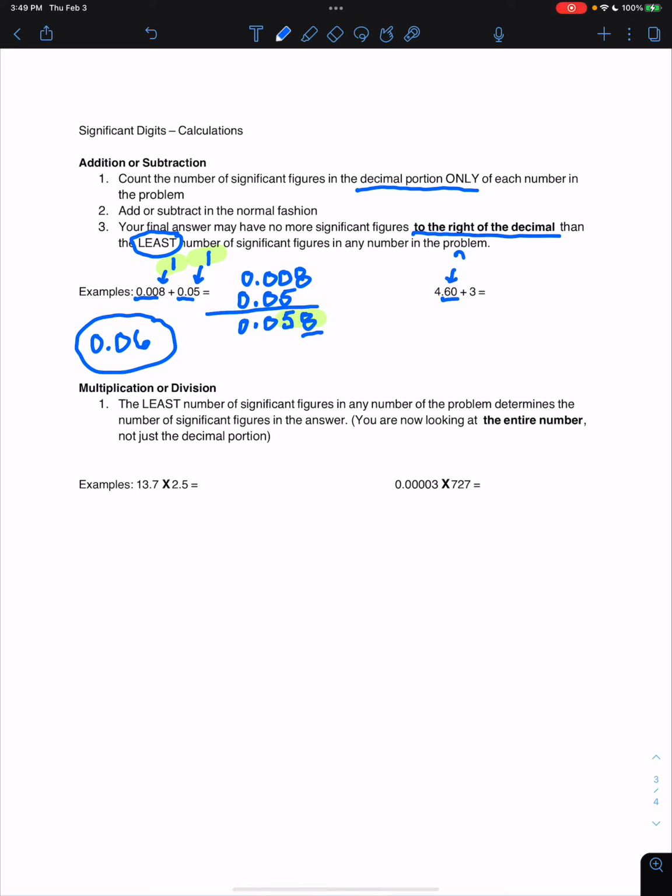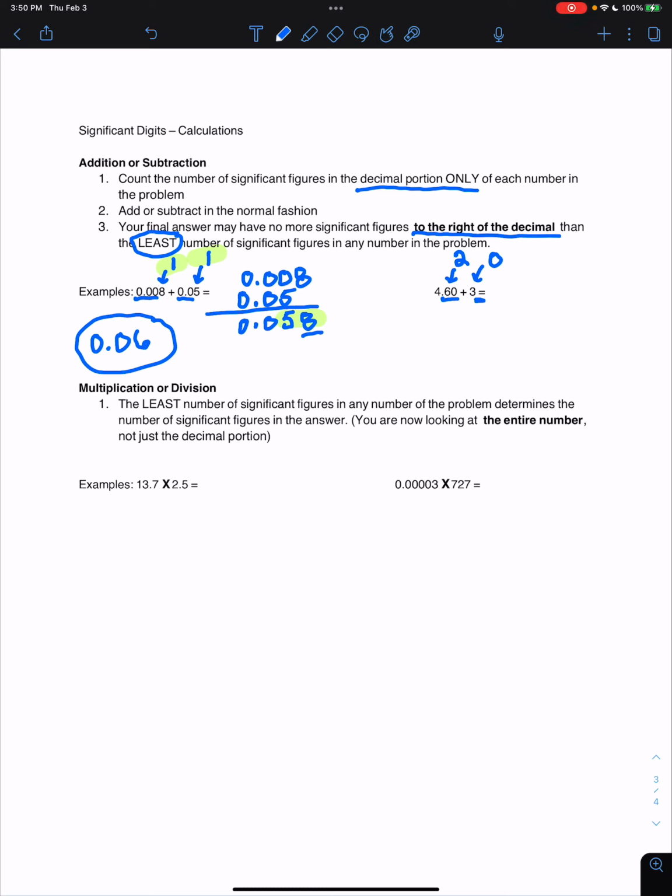So we have two significant digits here. For our other number, we don't have any digits in the decimal portion, so we have actually 0 significant digits in the decimal portion of our number.